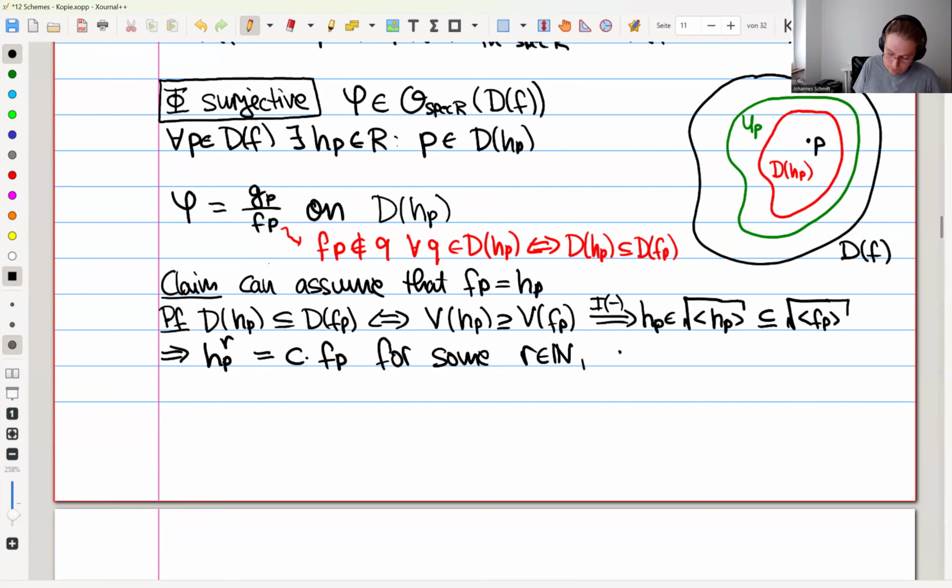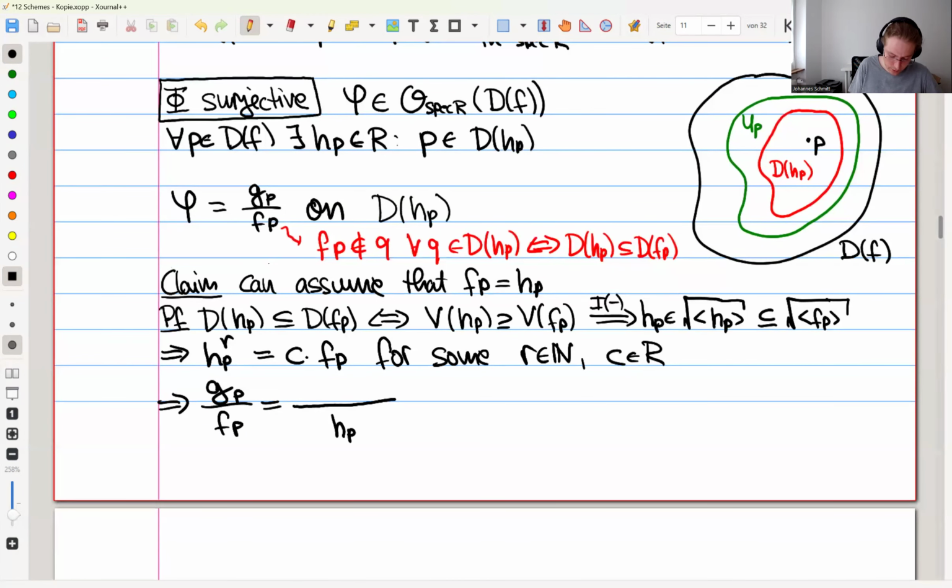Yeah. And then the idea is we had this representation of phi as GP divided by FP. And then the claim is that we can replace the denominator by HP to the power R. And then if you check what you need to do because of this, because they differ by a factor C, you need to have an extra factor C here.